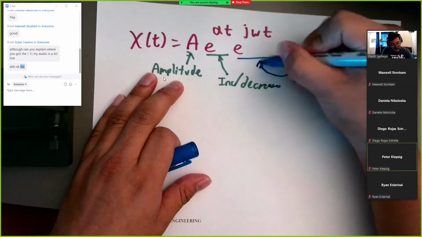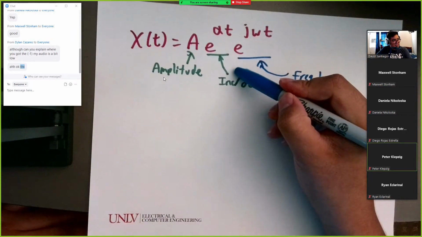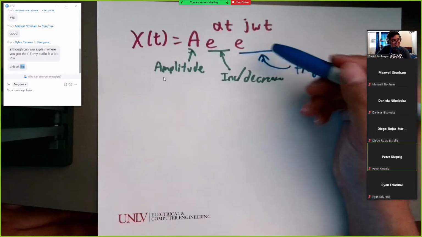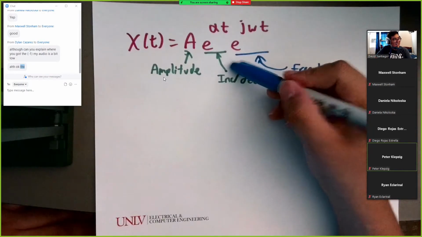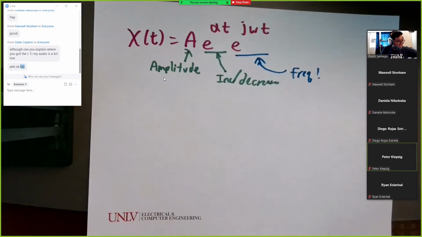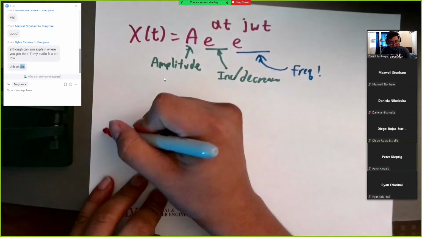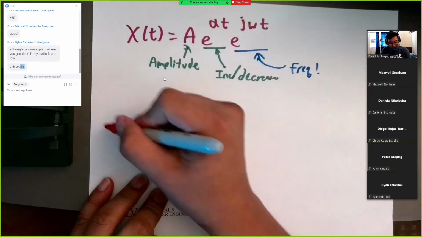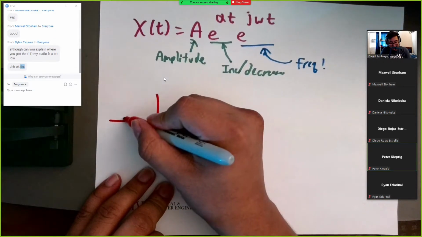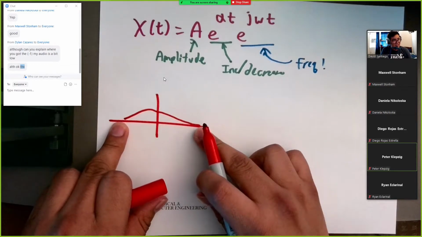If he were to give you this, and I think he might give you this on the exam, he might say, all right students, how do you make this a power signal? Let's first talk about energy. An energy signal just stops. So how do you make it stop?